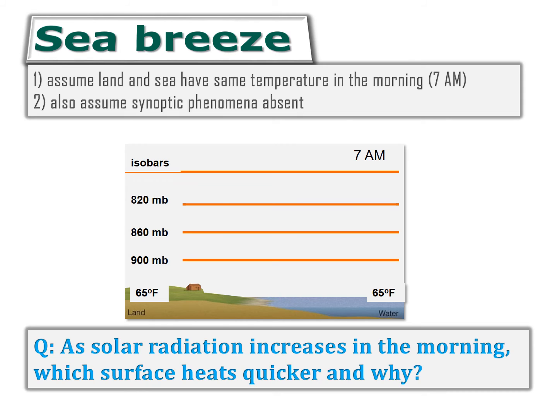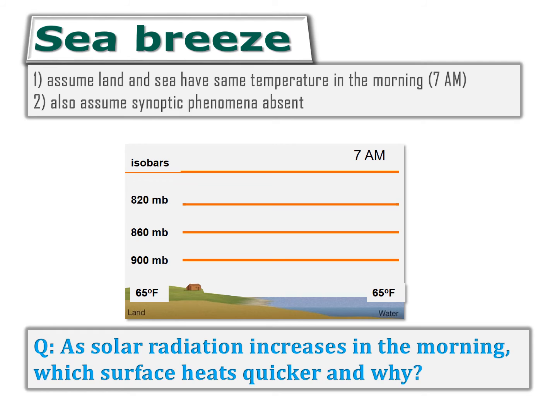As solar radiation hits the ground and the water in the morning, which surface, land or water, becomes warmer quicker? What's your guess? Land will become warmer faster. Why?